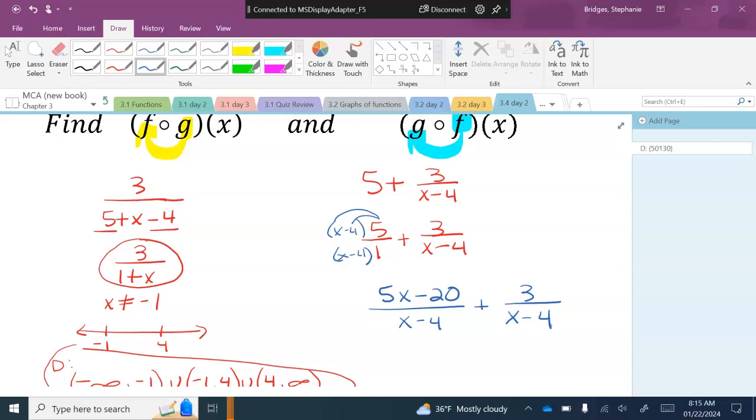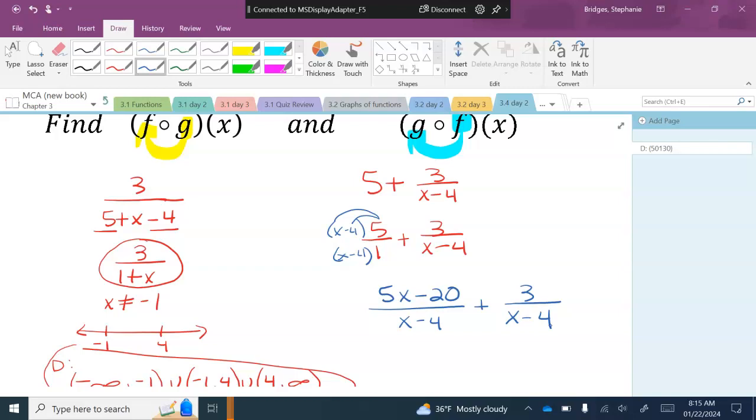What you got is perfect. So in the last question, when I simplified it and got the 3 over 1 plus x, that gave me another restriction because I have a new denominator, that 1 plus x. But in this one, you said in the beginning that it couldn't be 4, right?